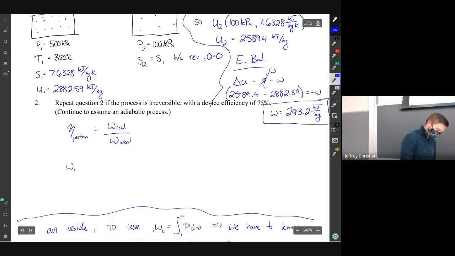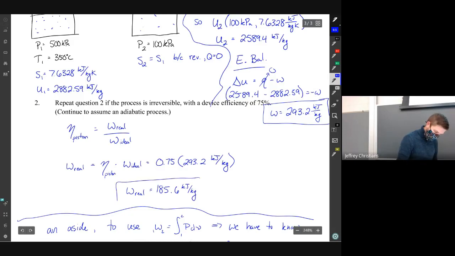So the work real is equal to efficiency times ideal, equal to 0.75 times 293.2 kilojoules per kilogram. So we could find the real work would be 185.6 kilojoules per kilogram.